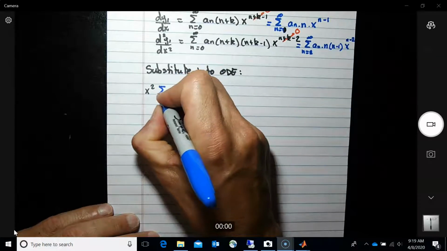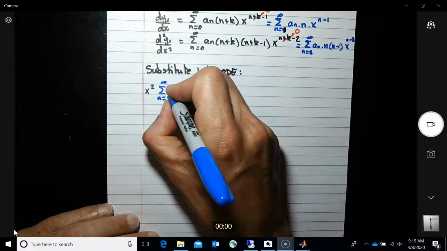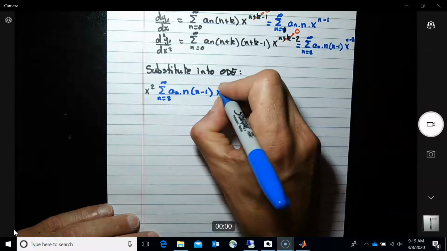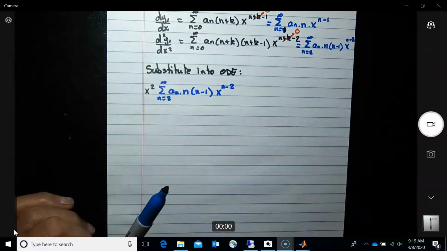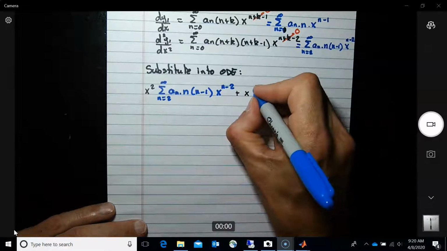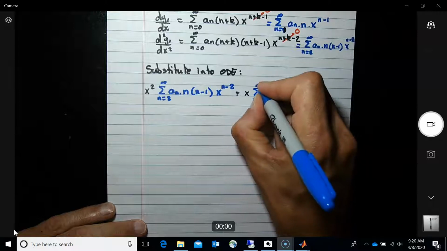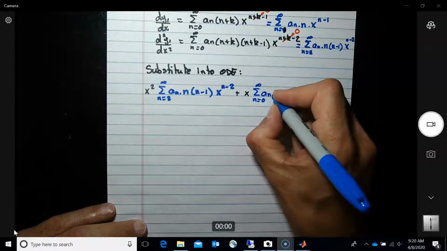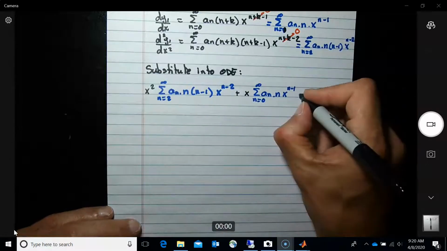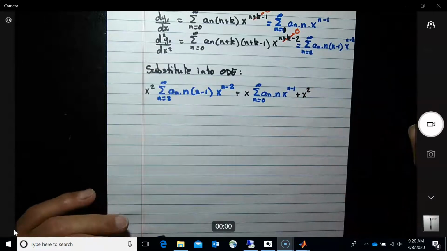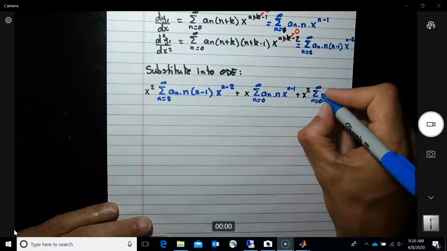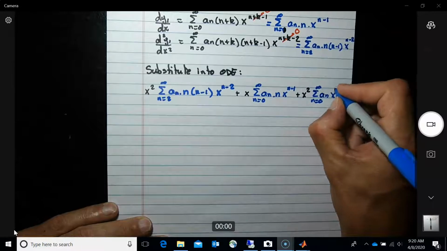Summation x squared, n equal to infinity, a sub n times n minus 1 x to n minus 2, plus x times the summation of n equal to 0 to infinity a sub n times n x to n minus 1, plus x squared times the summation of n equal to 0 to infinity a sub n x to n.